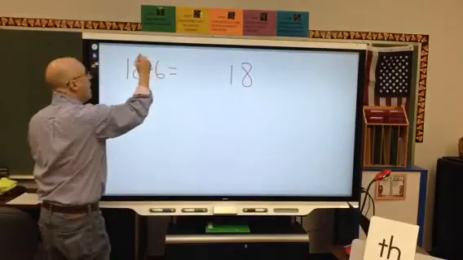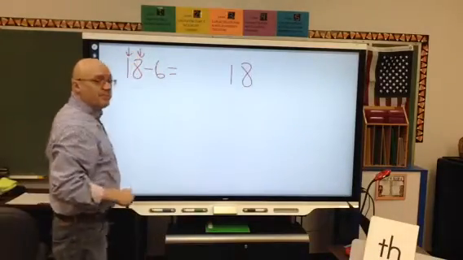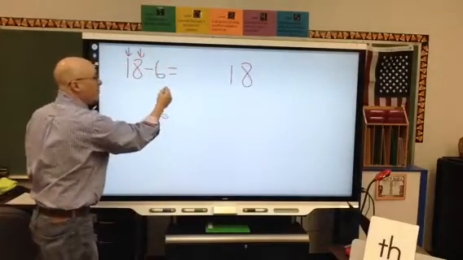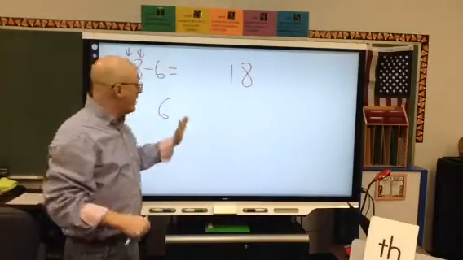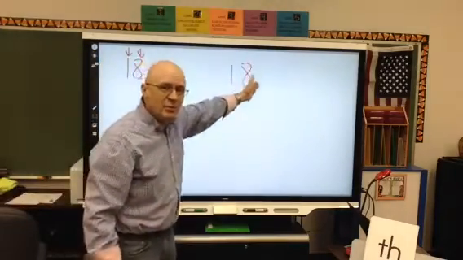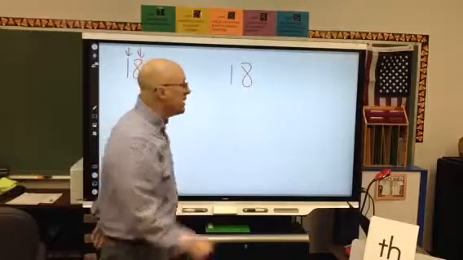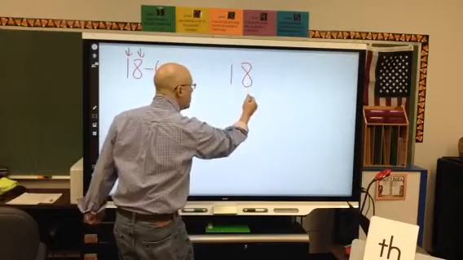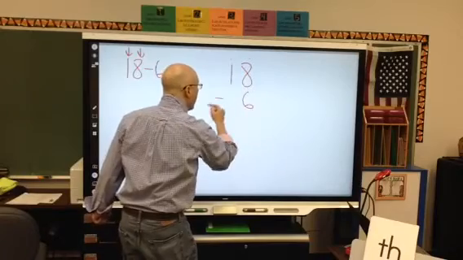We've got ones and tens, right? In the number 6, we only have ones, don't we? That number 6, since it's in the ones place, has to line up directly under our ones place here. Right under this ones place is where that 6 is going to go.